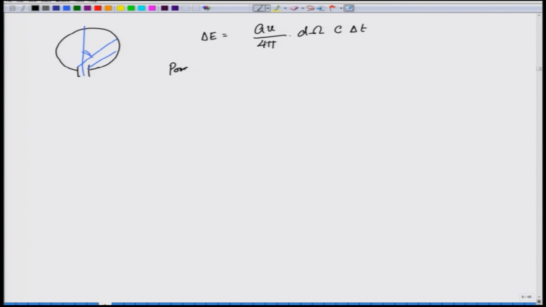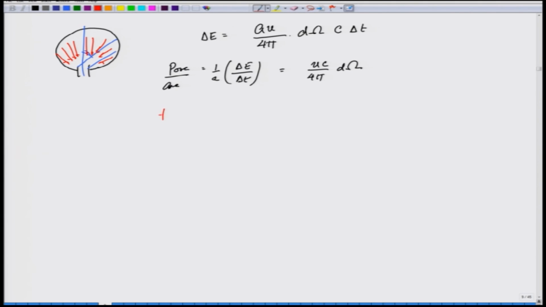Power is going to be delta E over delta t. Per unit area, that is 1 over A, it is equal to u over 4 pi c cosine theta d omega. If I want to calculate the power coming from all sides, here, here, here, I have to integrate over d omega.